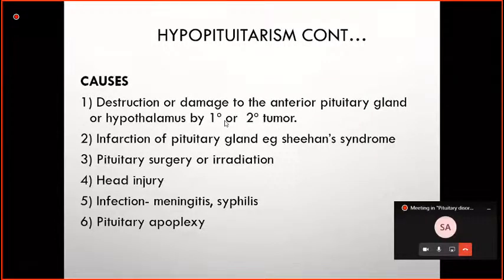Causes can be destruction or damage by tumor, or infarction. When it's infarction, when there's bleeding, pituitary apoplexy, you are looking more at a sudden hypopituitarism.